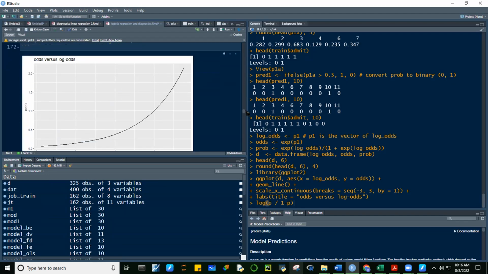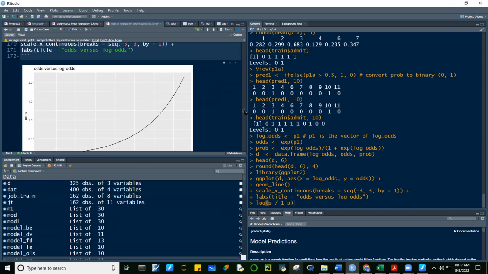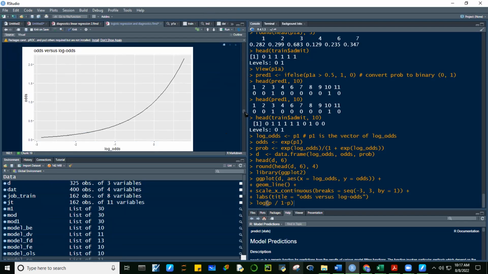Okay, so ito yung plot ng odds ratio at saka yung log odds ratio. So if you notice, what happens? When your log odds is increasing, odds also is increasing. So directly proportional si odds at saka si log odds.